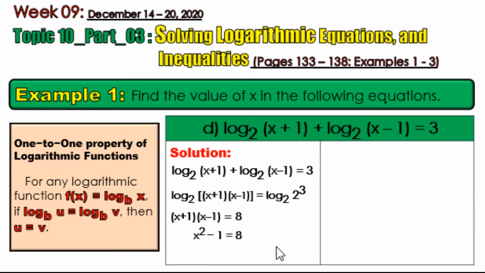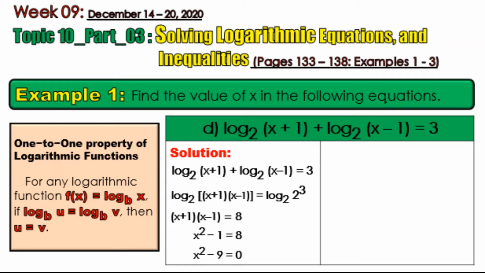We will be solving for the value of x. So x squared minus 1 minus 8 is x squared minus 9. Your positive 8 becomes negative 8, and negative 1 minus 8 is negative 9. So x squared minus 9 is equal to 0.